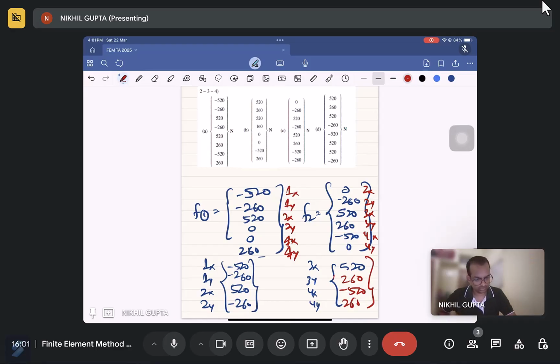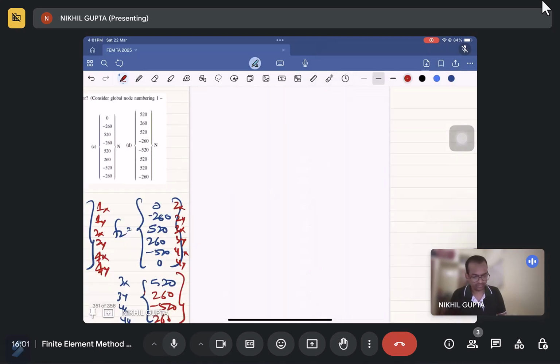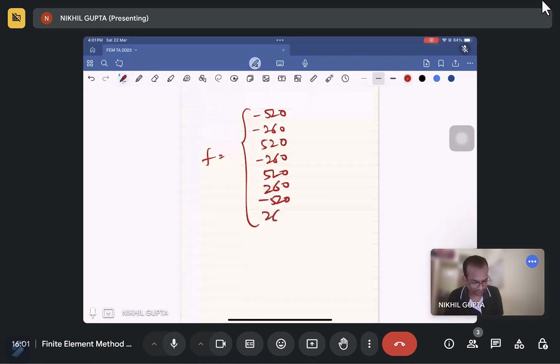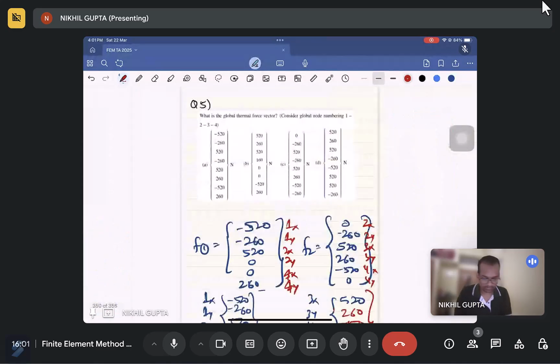There was a mismatch in numbering. So I'll write the final answer: minus 520, minus 260, 520, minus 260, 520, 260, minus 520 and 260. So the answer is part A.